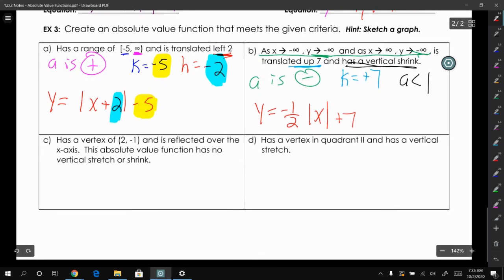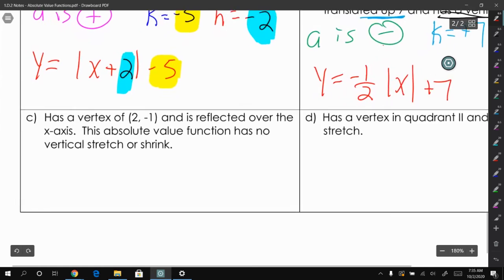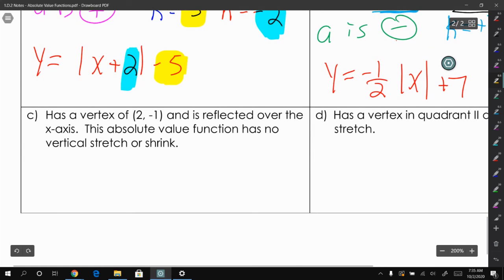Right, then letter C, if we have a vertex of (2, -1), that means my h value is 2, my k value is -1. We're reflected over the x-axis. That means a is negative, and no vertical shrink or stretch. That means a is equal to 1, and we don't need to write that 1 out in front.